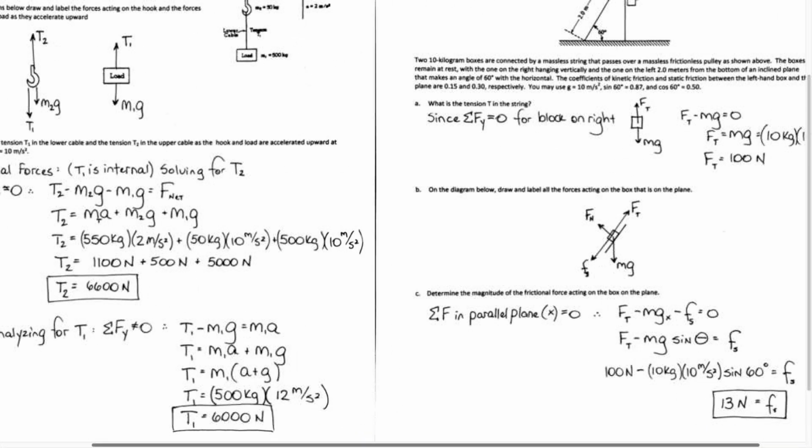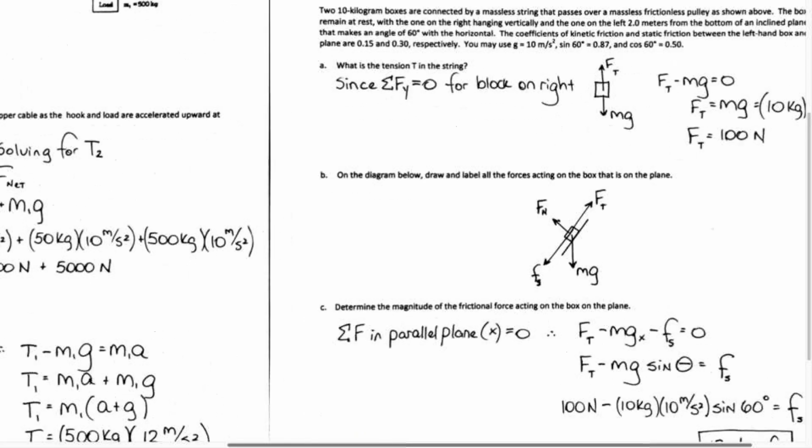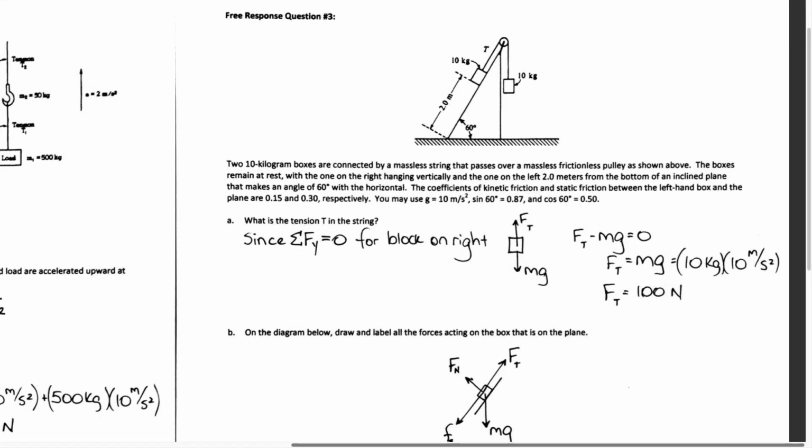So one of the questions that I got, specifically Cassie's question on this Atwood's machine problem, is there any chance that you get an Atwood's machine problem on an inclined plane like this on the test?